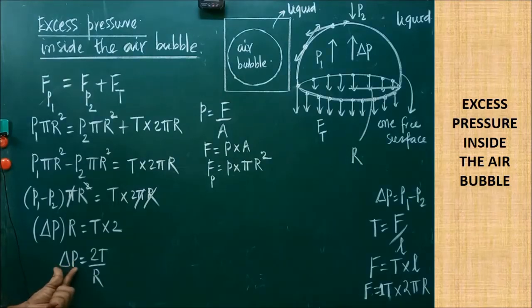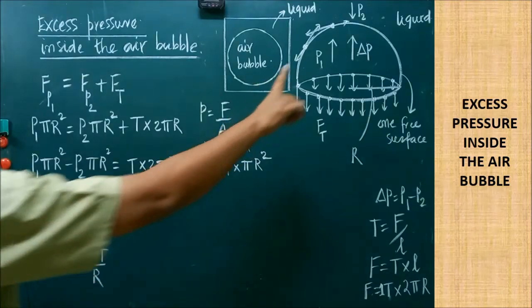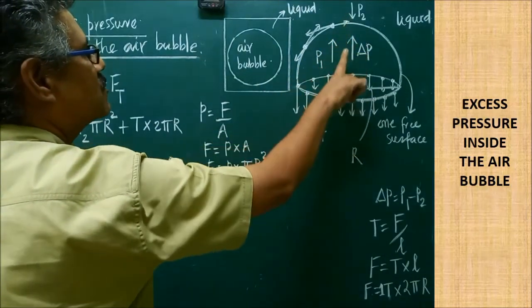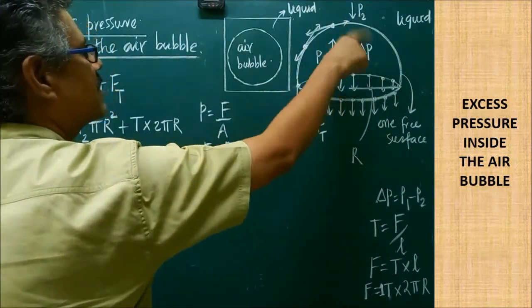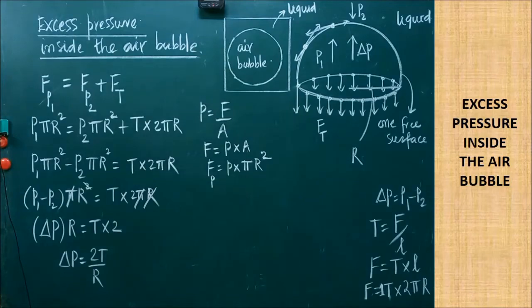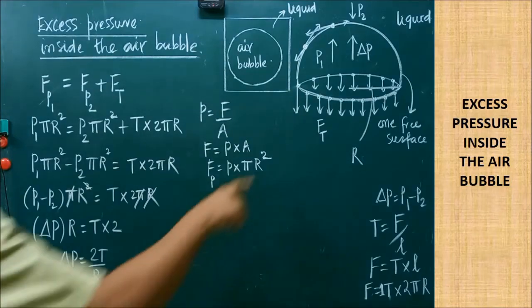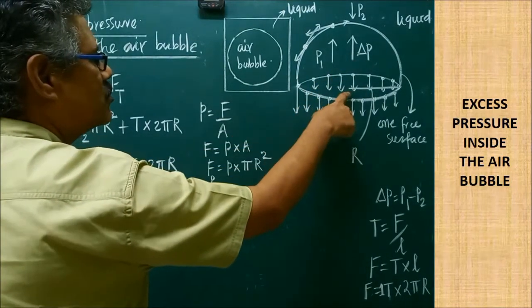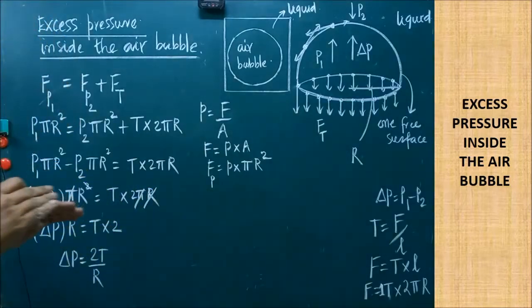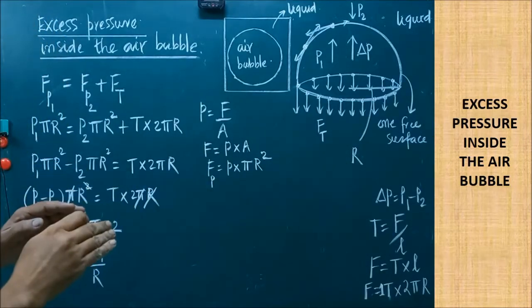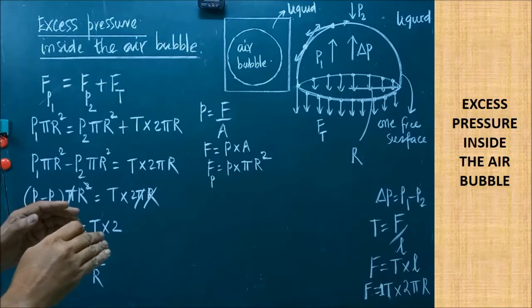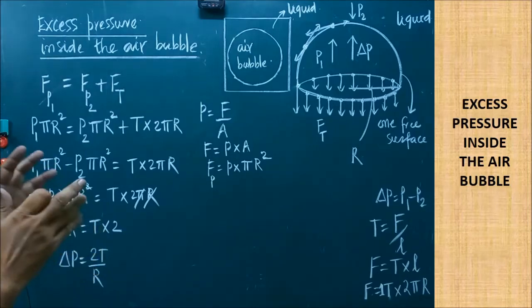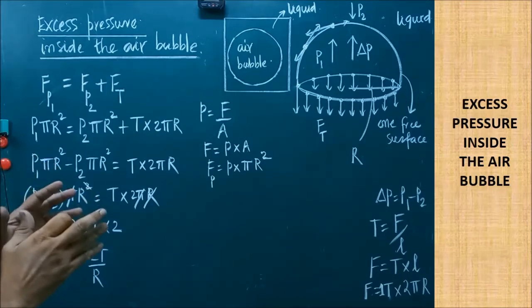This excess pressure is always acting in this direction, that is towards which surface? The concave surface. Are you clear? This excess pressure and force due to surface tension, both of them must be in equilibrium. That is very important. The purpose of learning excess pressure is how the bubble is in equilibrium condition.